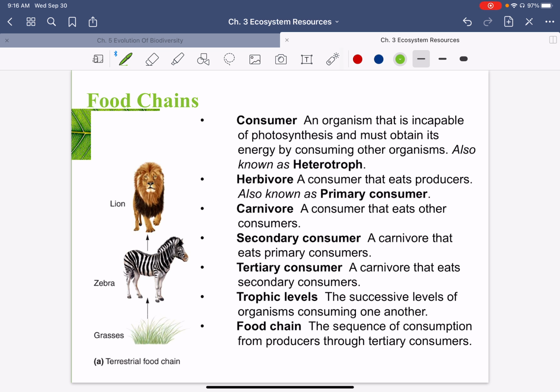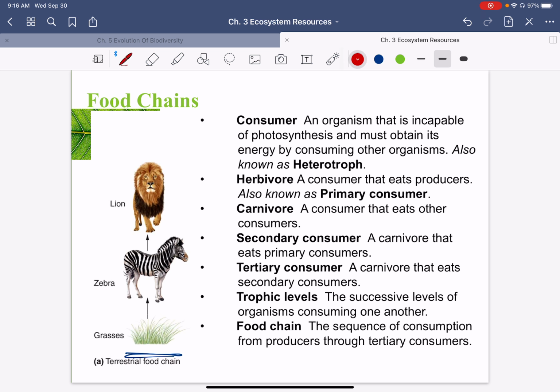Now, food chains are basically a measurement or an observation of the direction that energy flows. So we've got something like a primary producer, a photosynthesizer like grass, and the zebra eats the grass and the lion eats the zebra.